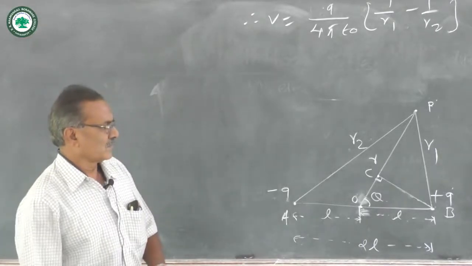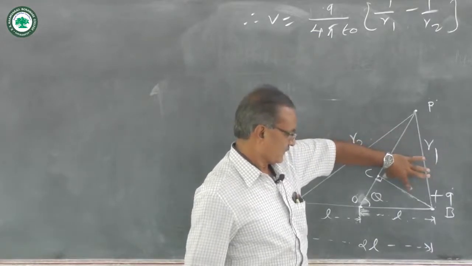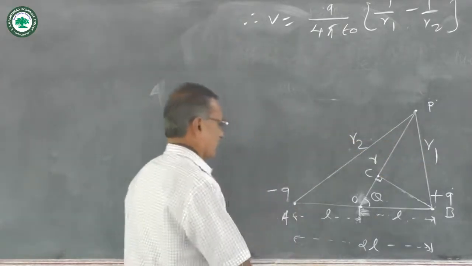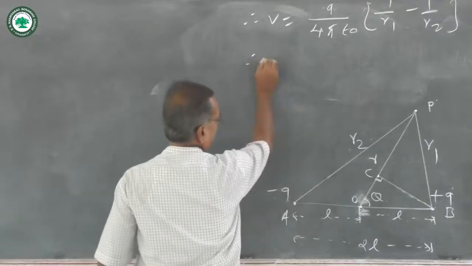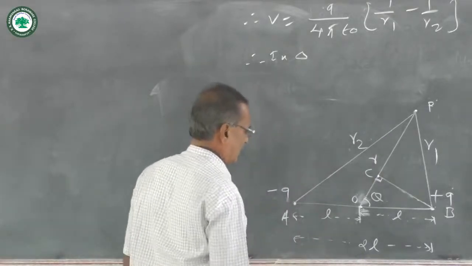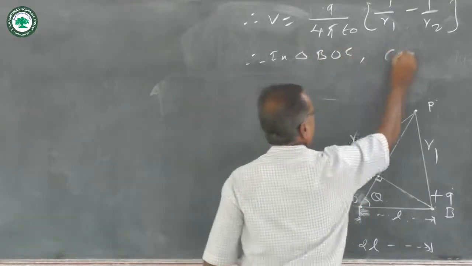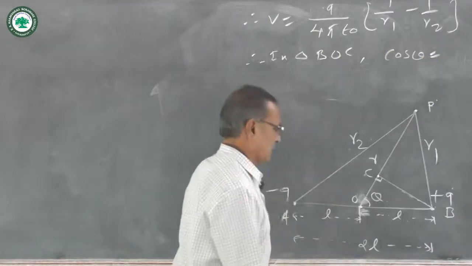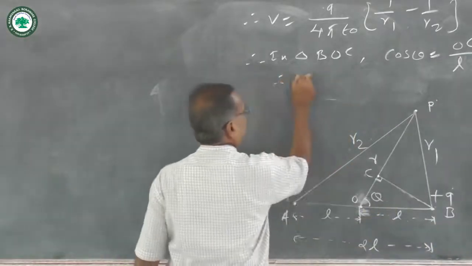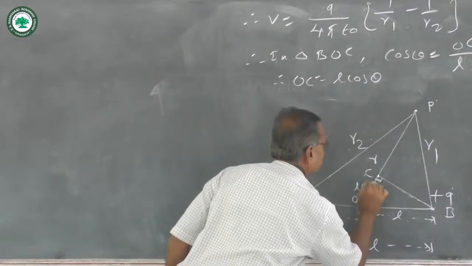Now CP is nearly equal to BC. In triangle BOC, cos theta equals OC divided by L. So OC equals L cos theta.